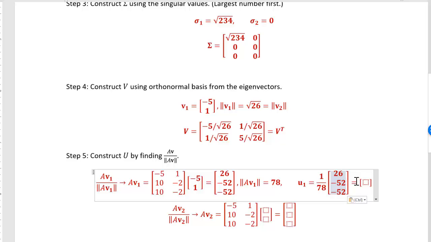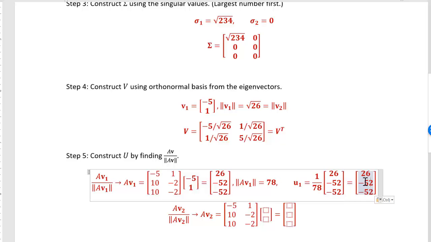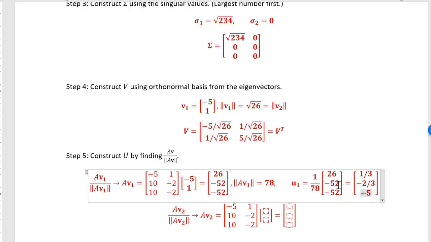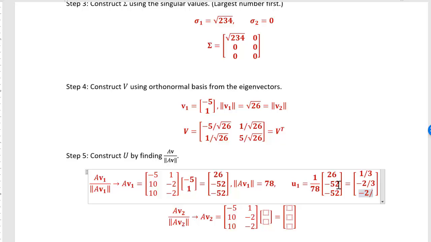I think we can also multiply that out and simplify it. So if we divide by 78, I think this will divide into a 1/3. The second one will divide into a 2/3, and the same for this one. And now we have the first column of our U matrix.